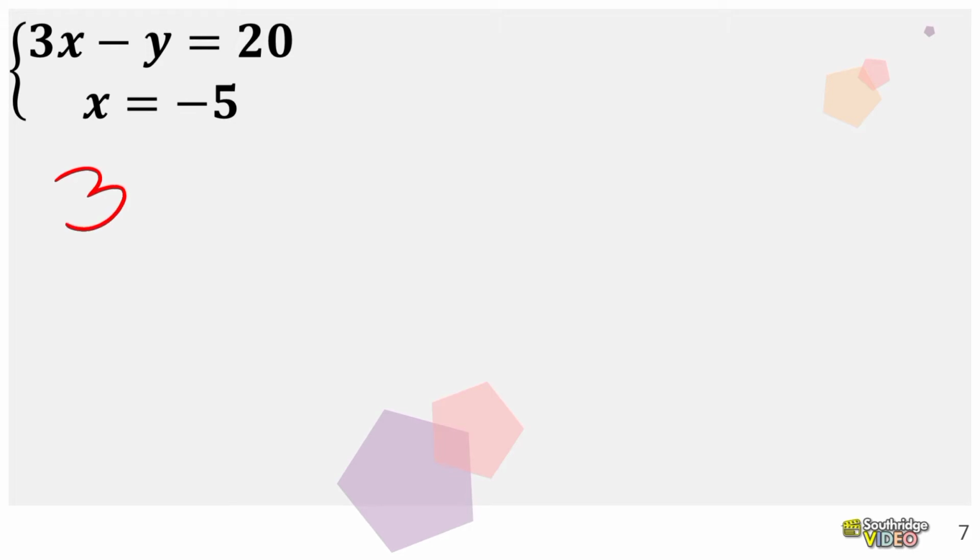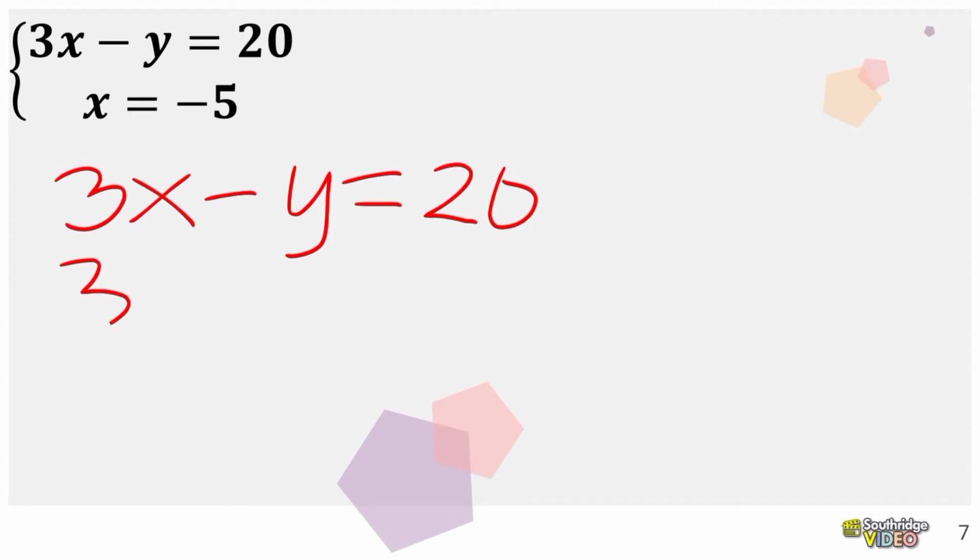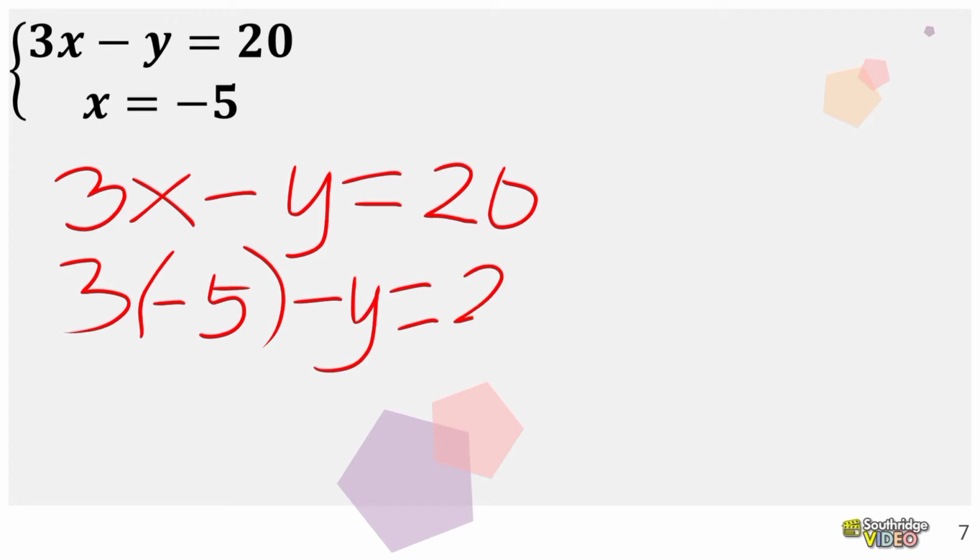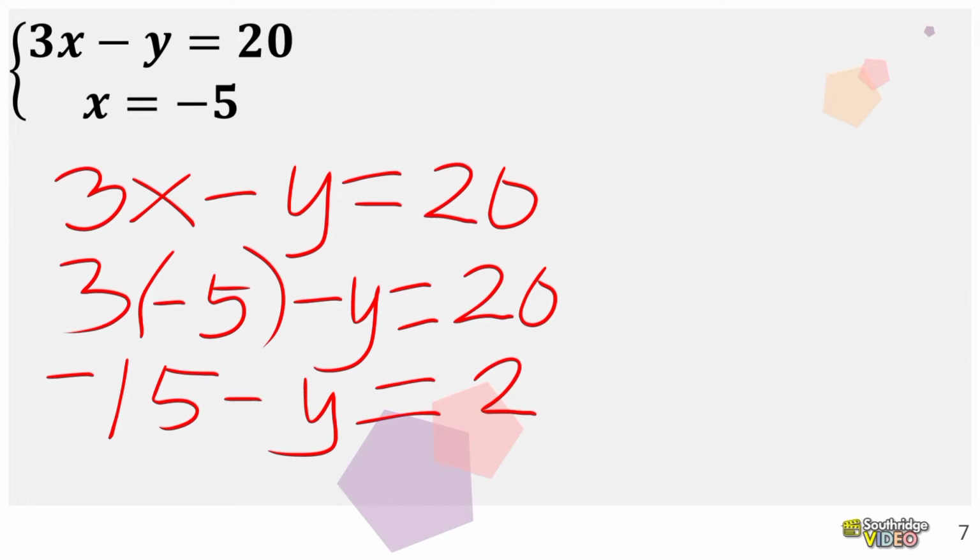So 3x minus y is equal to 20. The x here will be replaced by negative 5, minus y equals 20. Simplifying, that will give you negative 15 minus y equals 20.